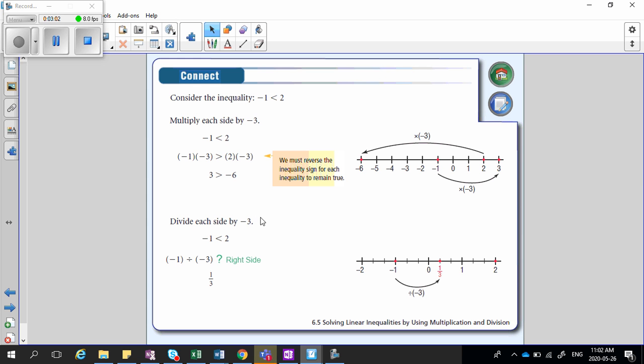And 2 divided by negative 3 is negative 2/3. So again, look, the arrows have kind of reversed themselves. We've switched places, which means our inequality sign has reversed, because 1/3 is greater than negative 2/3.